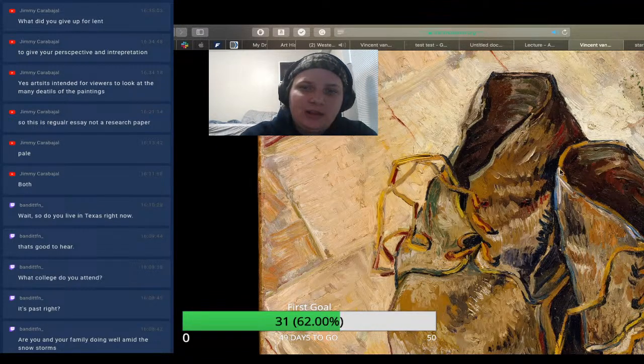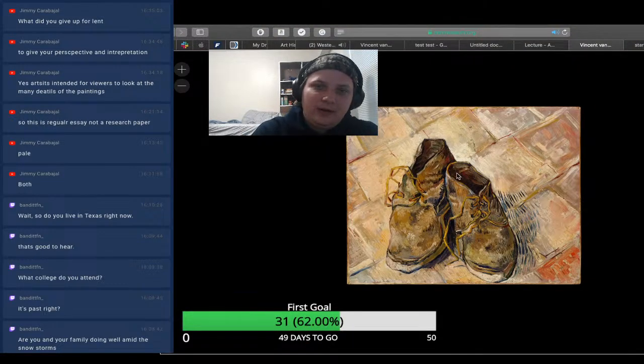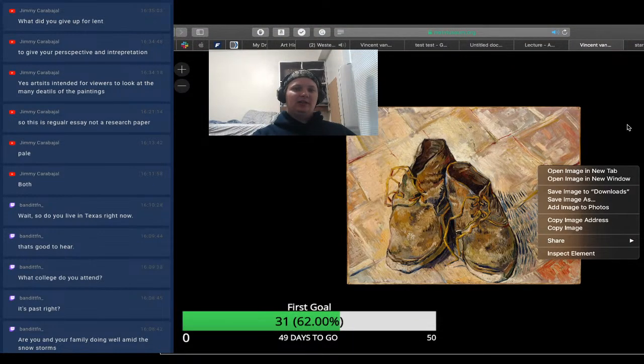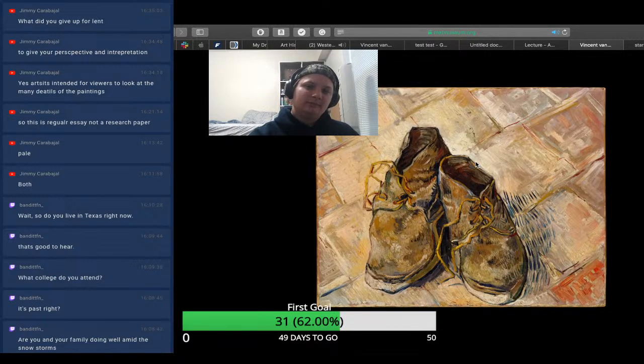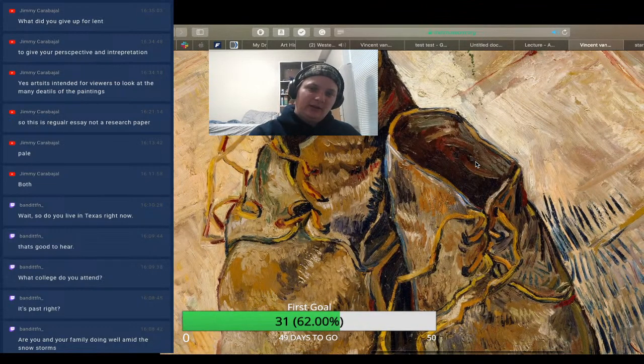Because when you take this shoe and you go back, you see that there's some color changes. Now, before we went in and looked inside the shoe, I thought that this was all kind of one color tone. You could tell that there is some difference in color, but when you have a very close look inside the shoe, and you're almost getting like a microscope to the painting, you can see just how many different tones of colors, or hues of color, just whatever word you want to use, he had in the painting.